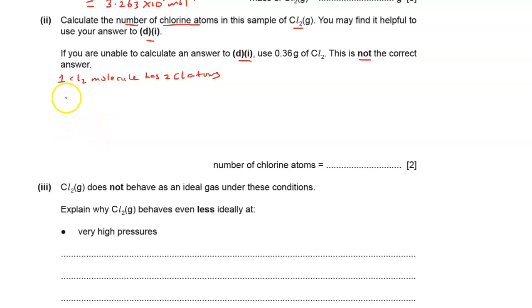So the number of moles of chlorine molecules, 3.263 times 10 raised to power minus 3, times 2, because one chlorine molecule has got 2 chlorine atoms.